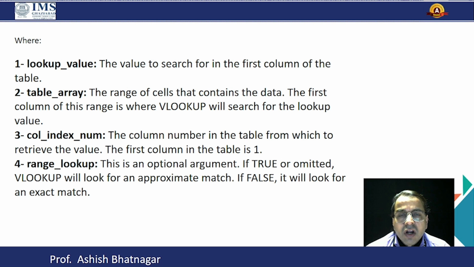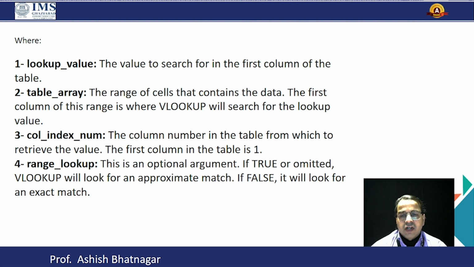Third is the column index number, the column number in the table from which to retrieve the value. The first column in the table is 1, the second column is 2, and so on. Range lookup is an optional argument, not mandatory. If you specify true, it will look for an approximate match, and if you specify false, it will look for an exact match.